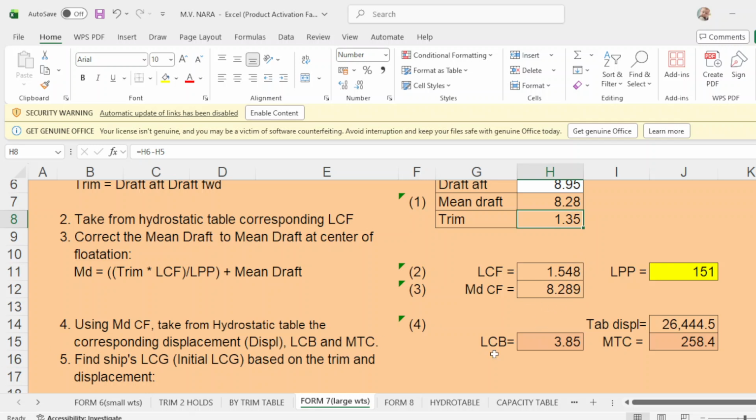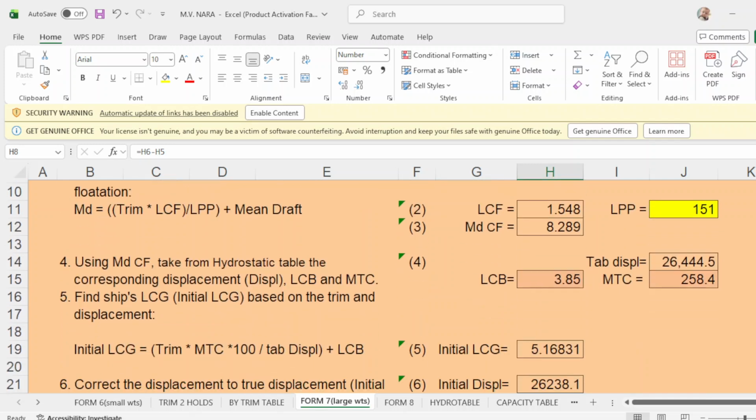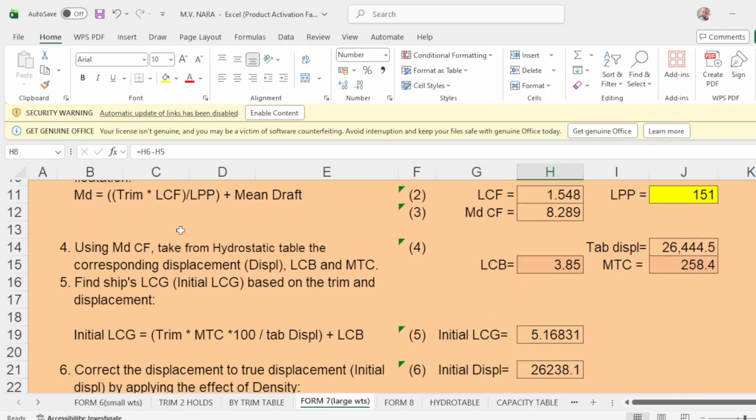So we go to number 4. Number 4 says, using the mean draft at center of rotation, take from the hydrostatic table the corresponding displacement, LCB, MTC. So only displacement, LCB, and MTC.